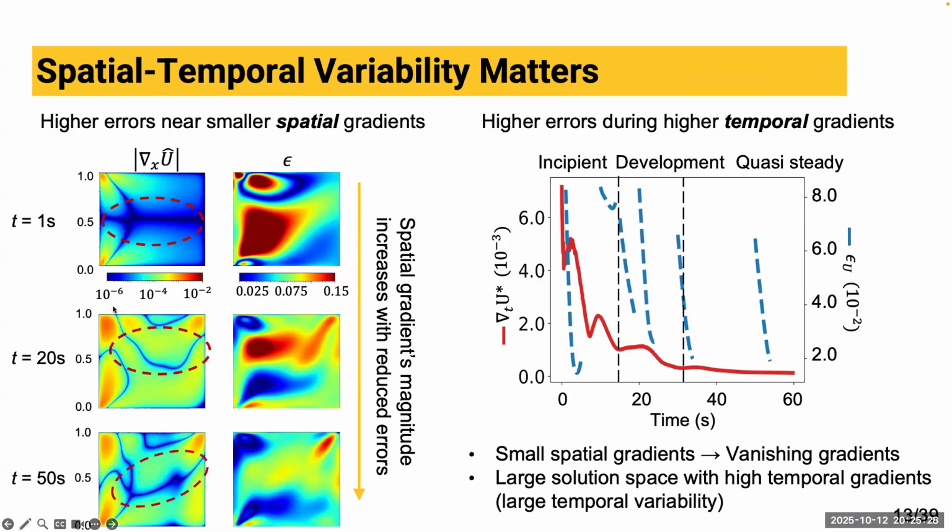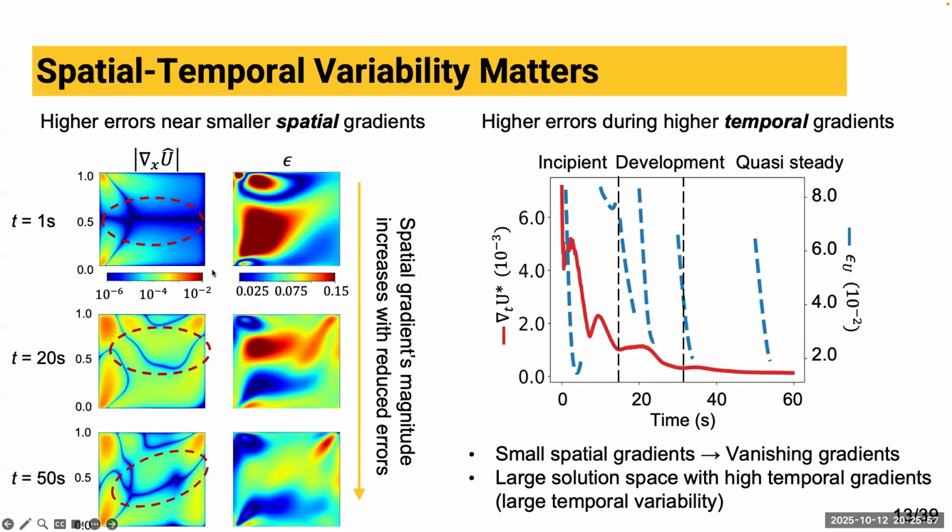On the left column, you see the spatial gradients of x velocity at time equals 1, 20, and 50 seconds. And you can see that there are regions with extremely low spatial gradients, on the order of 10 to the negative 6 or 10 to the negative 5. And roughly these regions align with the high error regions.